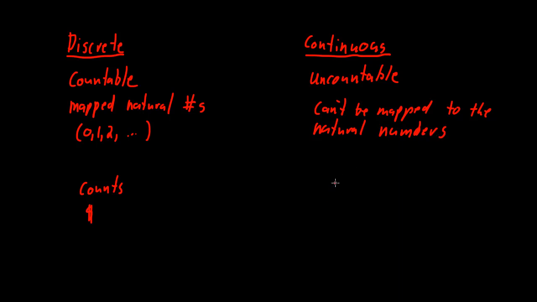And good examples of these are things like time, so the amount of time it takes to do something, the length of something, or the volume of something. So these are the two types of random variables that we have in statistics, and we're going to be digging further into these in later videos.